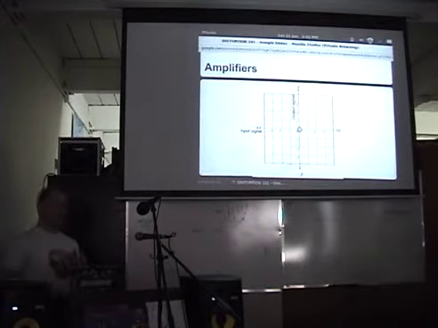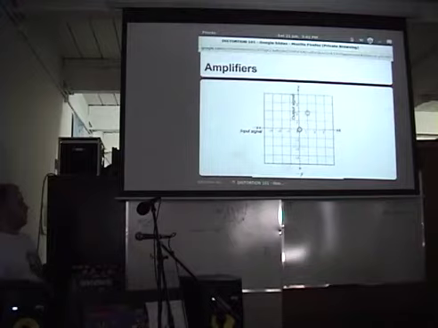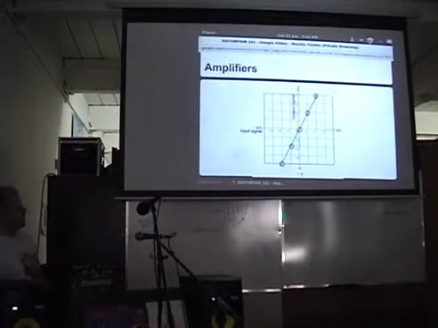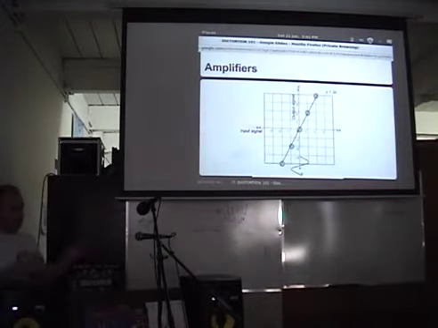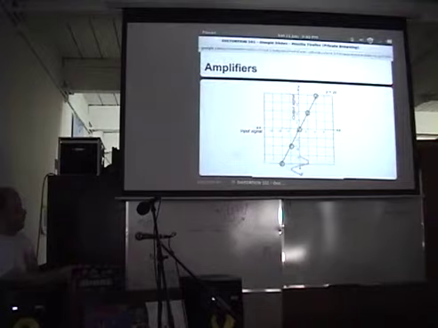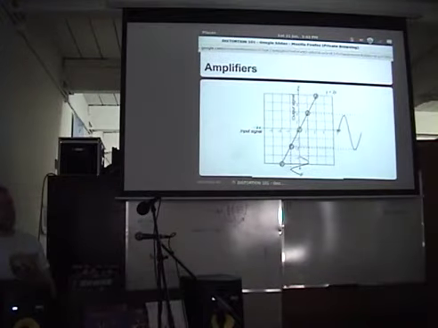So if we want to make a transfer function that makes the signal twice as loud, for every one value here, we go 2 values up, and we make this nice linear line. To see how a transfer function affects the input signal, you can superimpose it on the y-axis or the x-axis here, and then you see how it reflects onto the output axis. So in this instance, it makes a bigger signal.